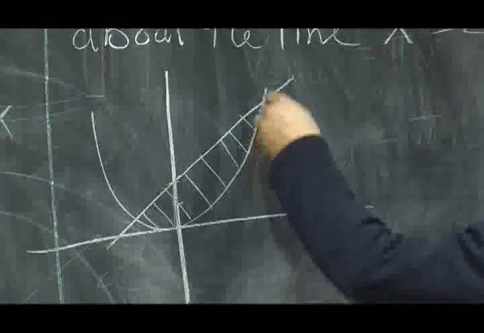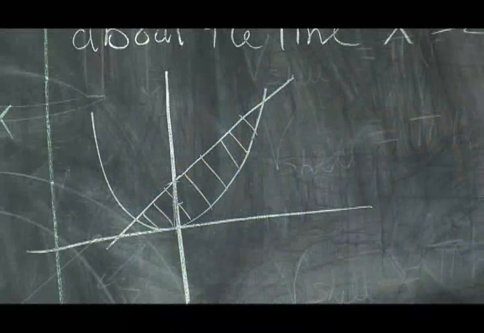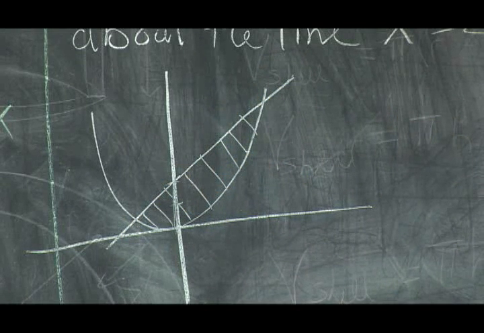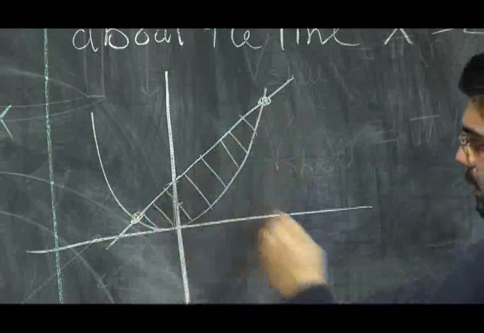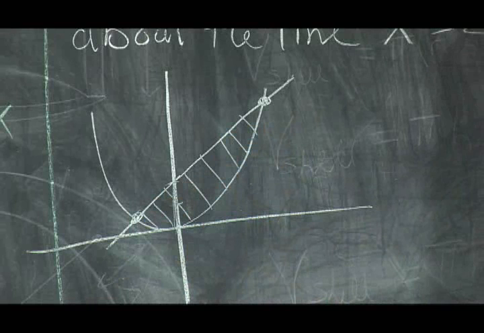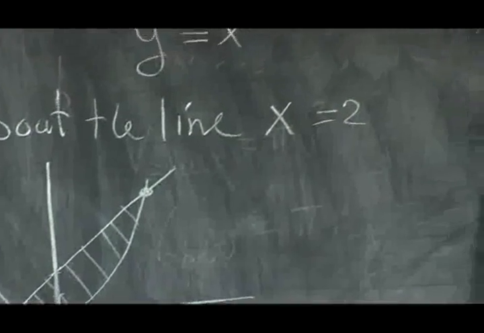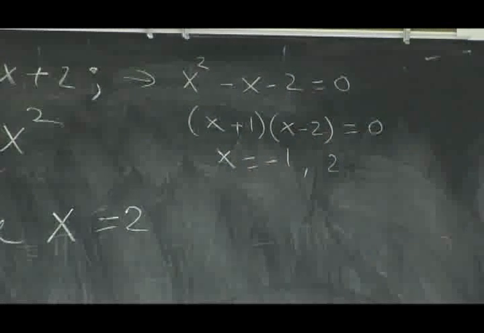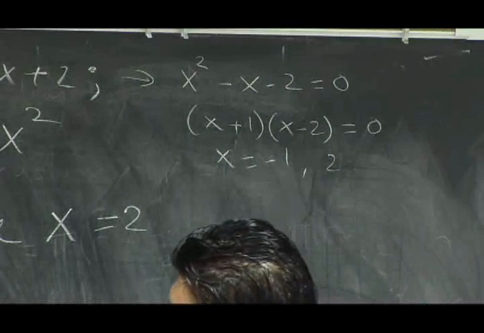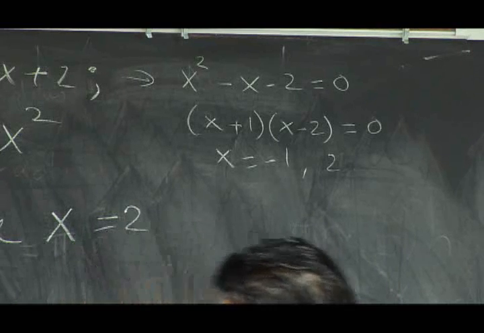The only boundaries are these two, the curve and the line. So that's how I know I have to go all the way down to here. It will be useful to figure out these points of intersection now, so we can solve this equation. So negative 1 and 2. That's 2, that's negative 1.